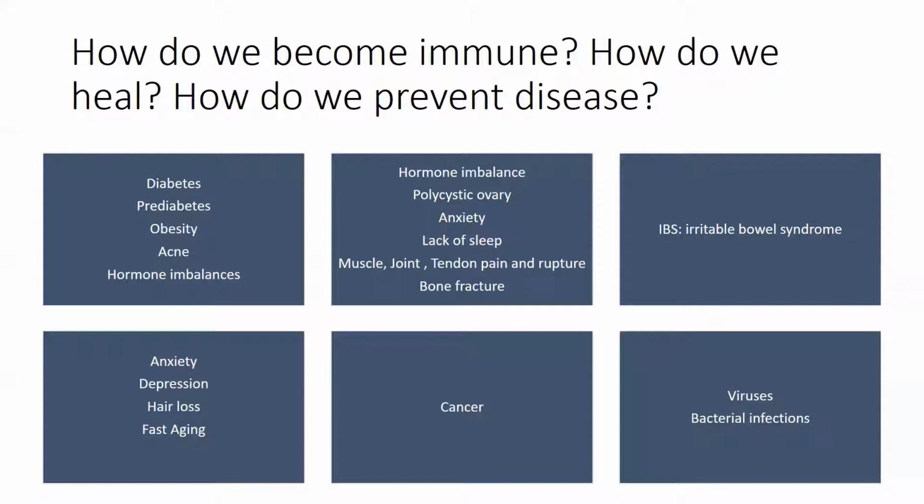They develop because the pituitary gland has dysfunction in releasing and secreting hormones: anxiety, depression, hair loss, fast aging, polycystic ovary, lack of sleep, muscle, joint, and tendon pain and rupture, bone fracture, irritable bowel syndrome, IBS and IBD, viruses, bacterial infections, and cancer.